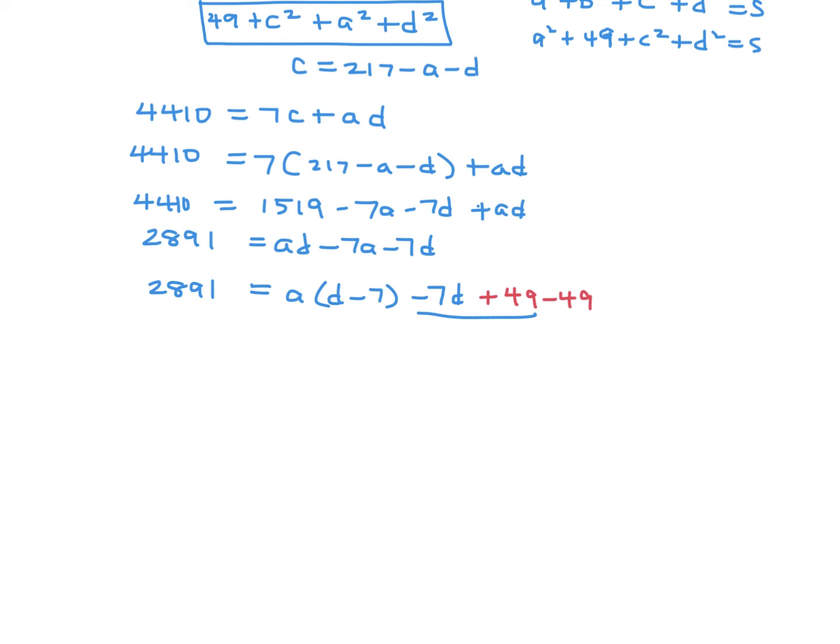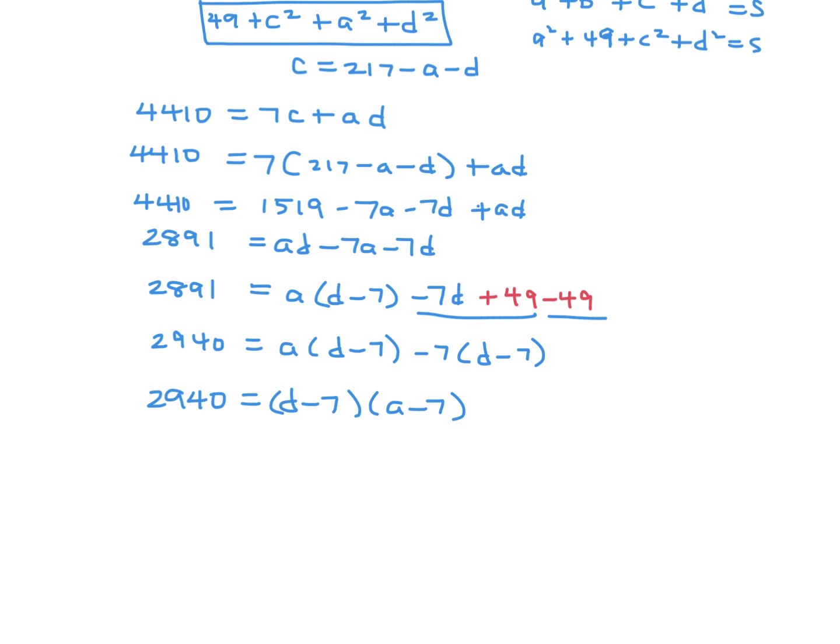So this minus 49 I'll bring over to the other side, so make this 2940, and then that minus 7 I can factor out and then get d minus 7, and therefore I'll get d minus 7 and a minus 7. So that makes it a little bit better. Okay, so that's about as far as I can go there.